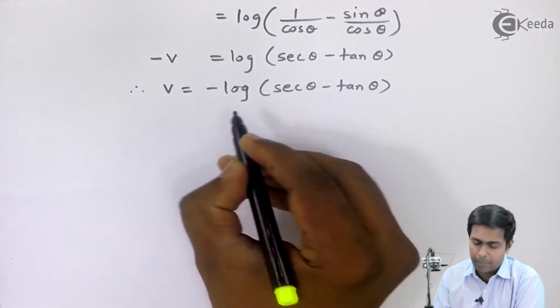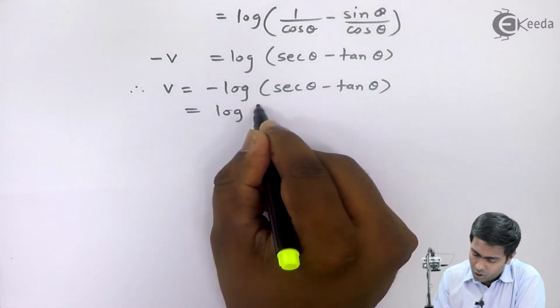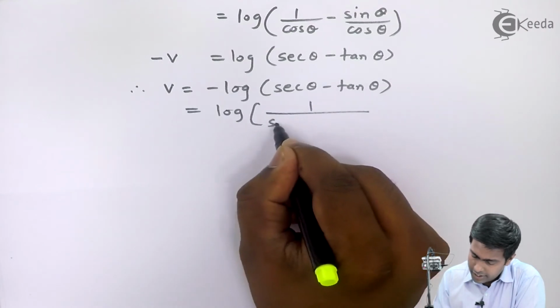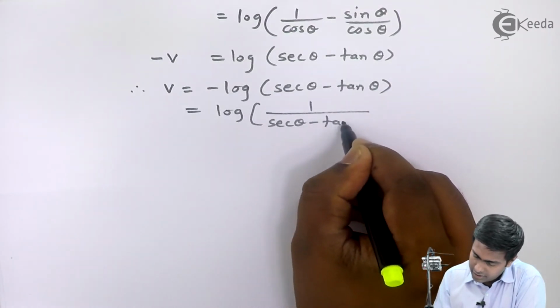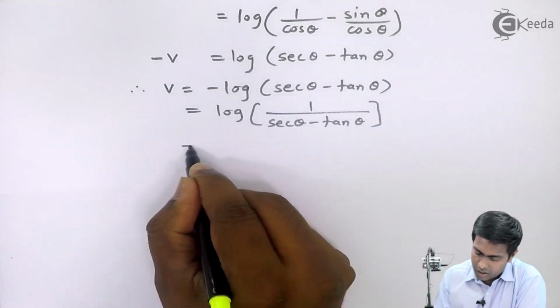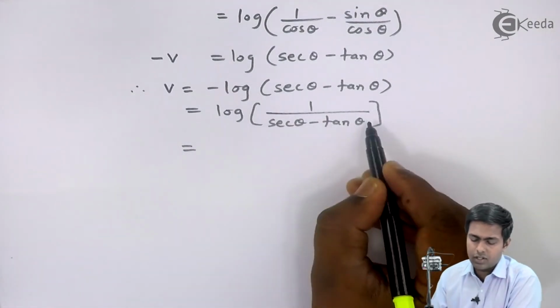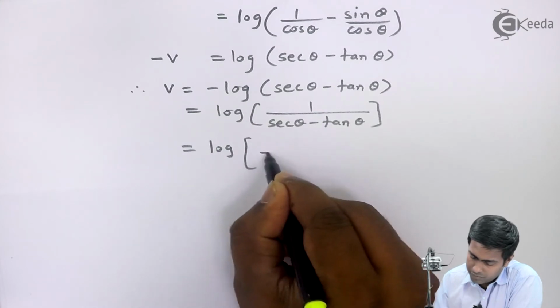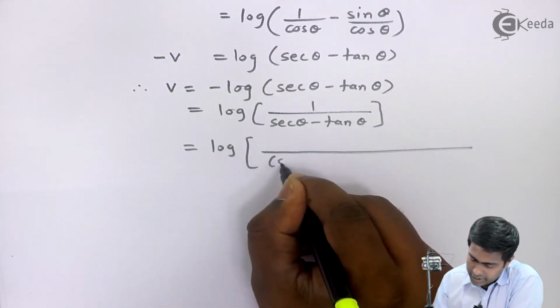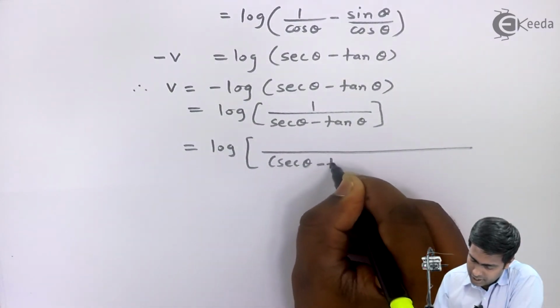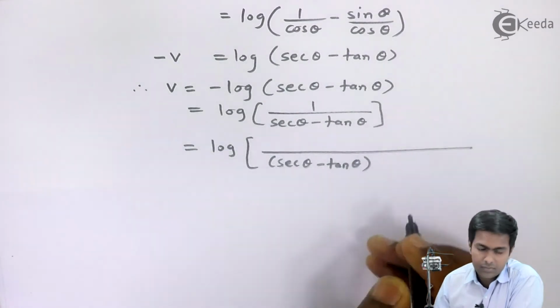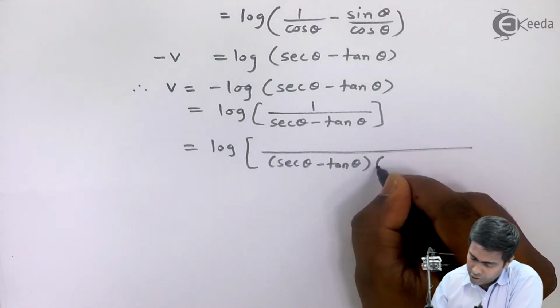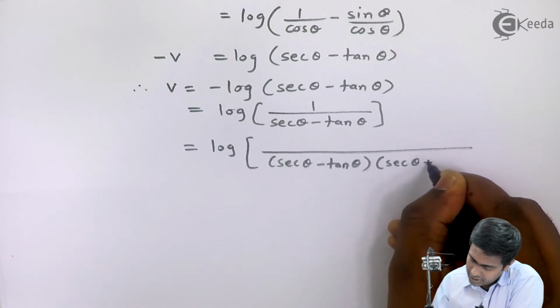So again here I'll apply the property, log of 1 upon sec theta minus tan theta. Now again multiplying this term with the conjugate, we will get log of sec theta minus tan theta into sec theta plus tan theta.